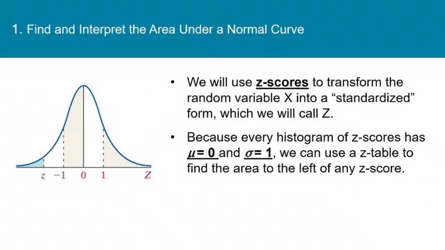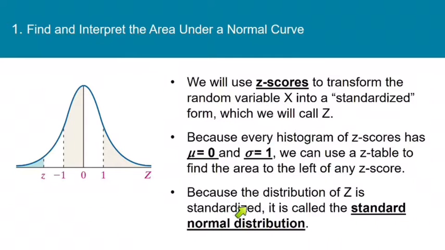And then we can use a z-table to find the area to the left of any z-score. Because the distribution of z is standardized, we call this the standard normal distribution. And the word standard just means that our random variable has been transformed so that mu equals 0 and sigma equals 1.